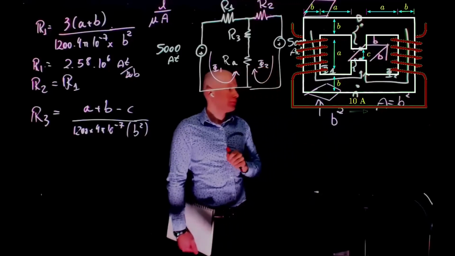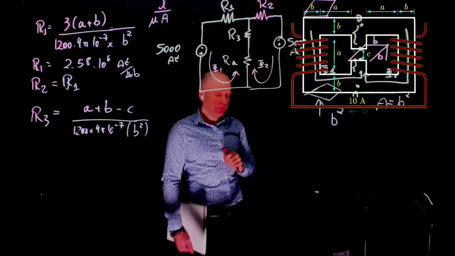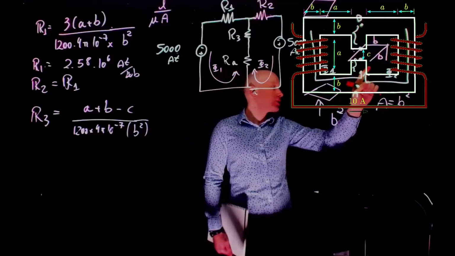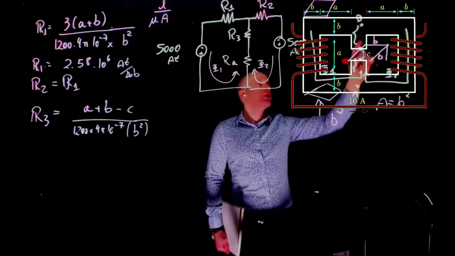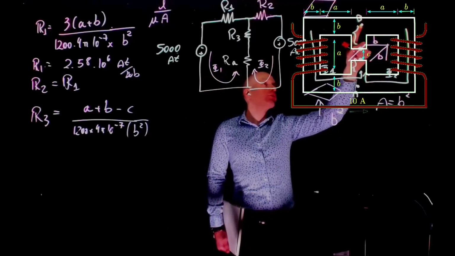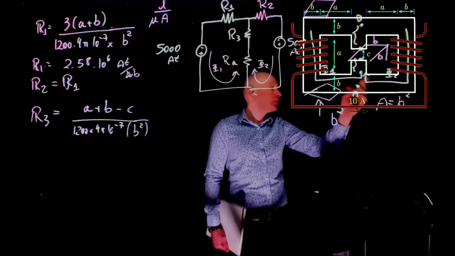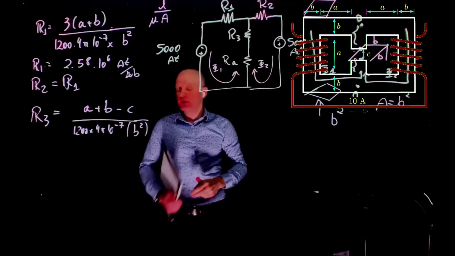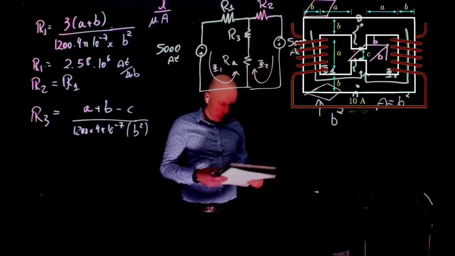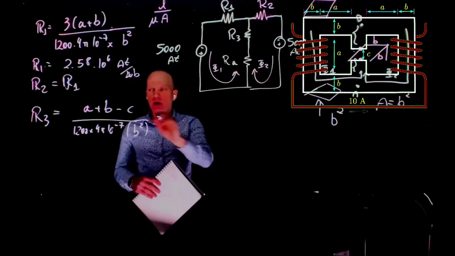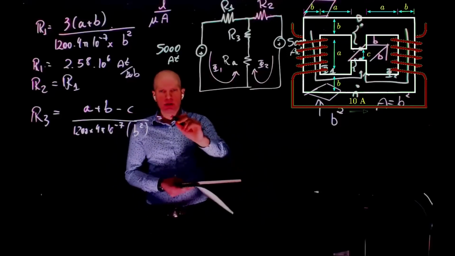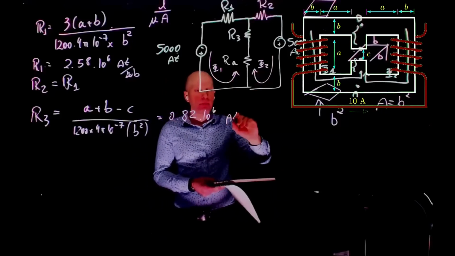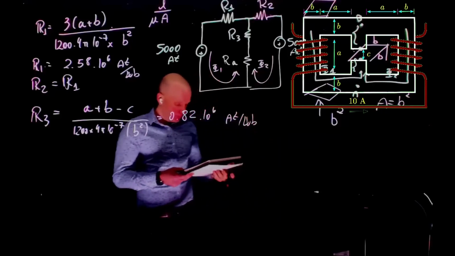You made the assumption that this was B, but this distance was not given. Yeah, but you know that from A to B we have A plus B. Now remove C, and that gives the distance in the core path only. So we have everything here. A, B, and C are given. This is 0.82 times 10 to the power of 6 amp turn per Weber.